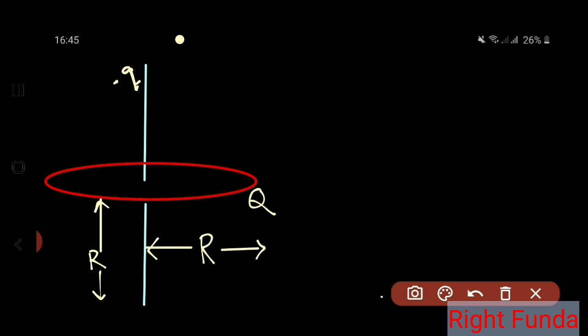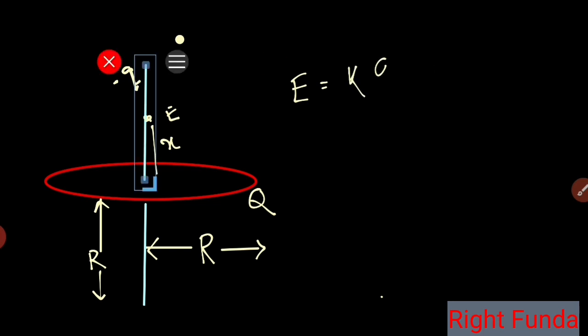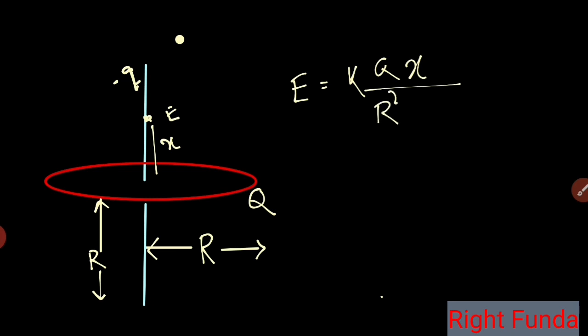Let's see. One thing we know is the force at any point on the rod, at a distance x from the center of the ring. The electric field here is given by E equal to kQx by (R square plus x square) to the power 3 by 2.